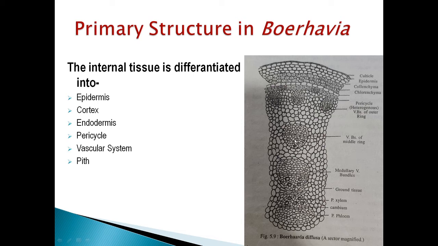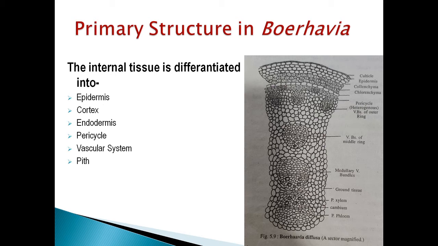The next is the middle ring. This ring consists of 6 to 14 vascular bundles. These bundles are larger than the outer ring but smaller than the inner ring bundles.